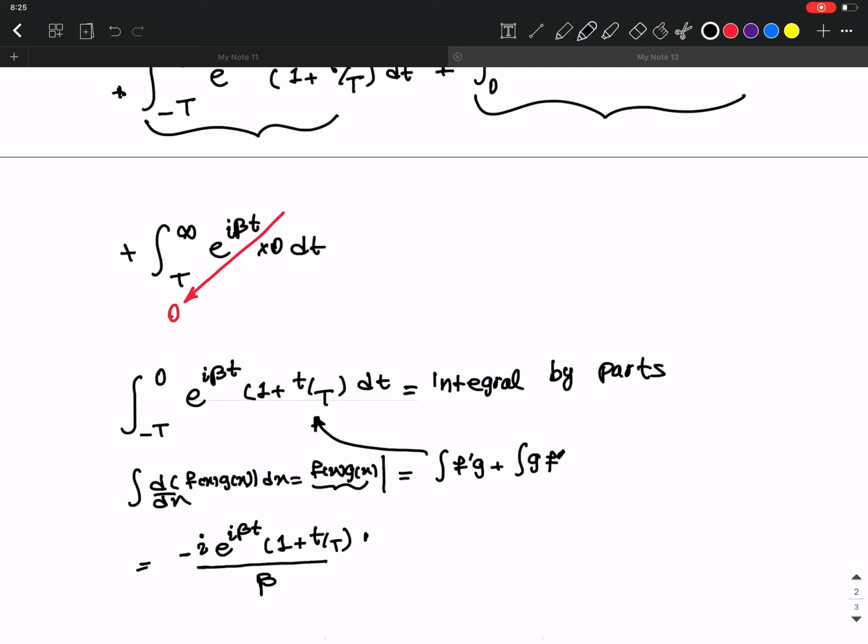Okay, this is evaluated at minus t and 0.